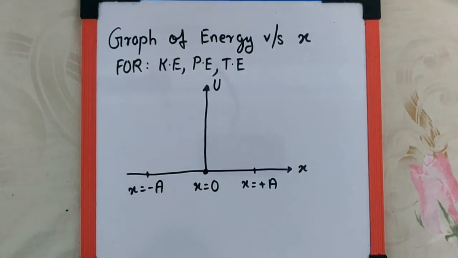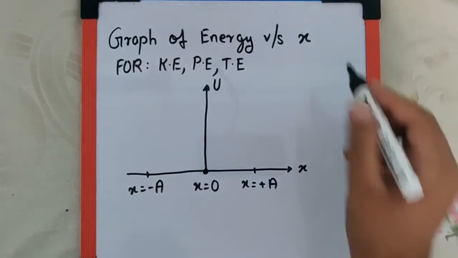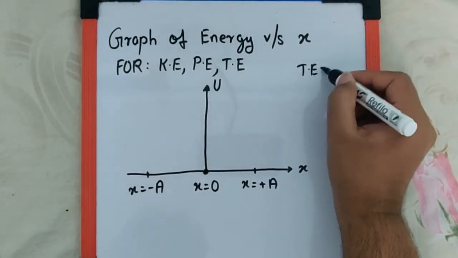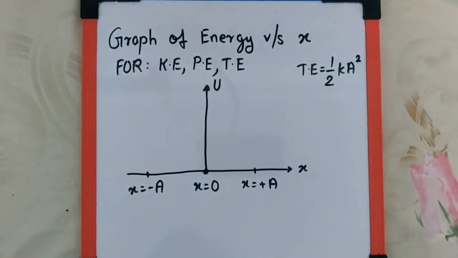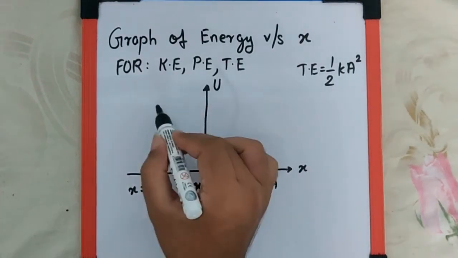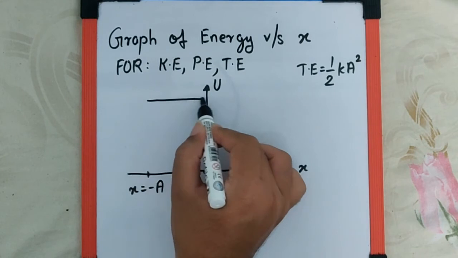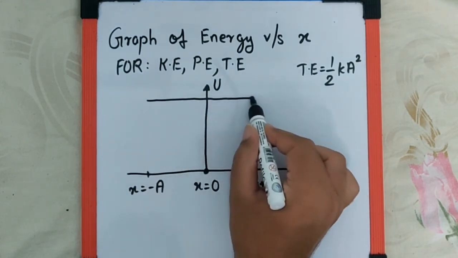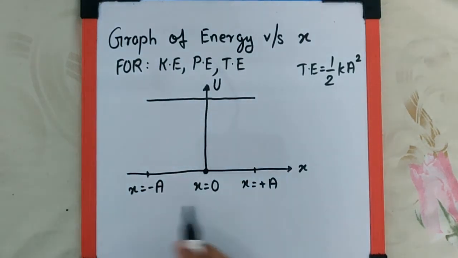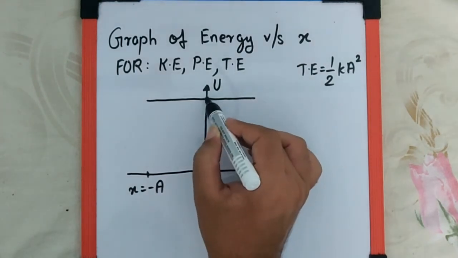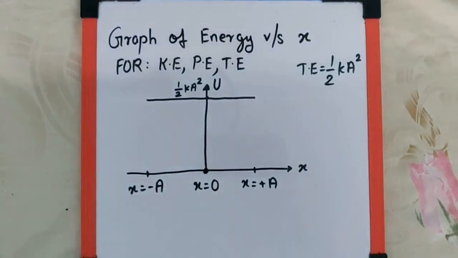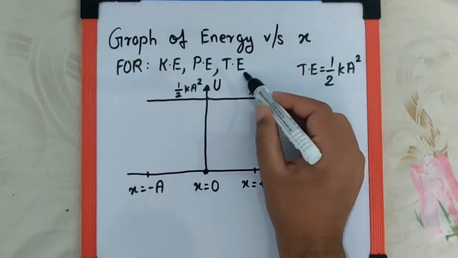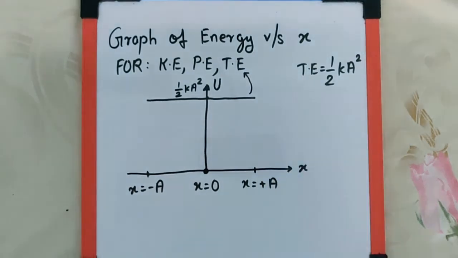Now if we plot the total energy graph, the total energy equation was half k a square, and there is no term of x involved in it, which means total energy remains constant throughout. So the total energy is a straight line parallel to the x-axis from minus a to plus a, and the value of that is always half k a square, which is fixed. So this graph is of total energy.